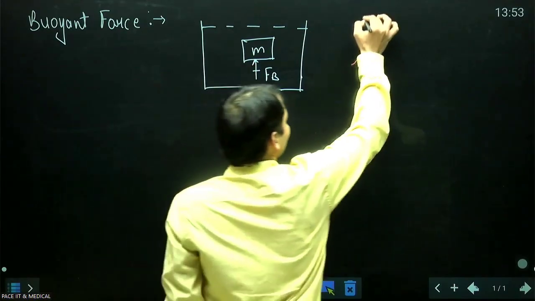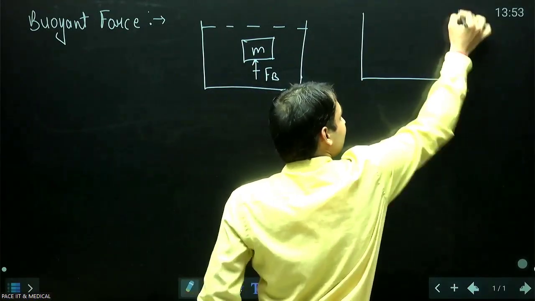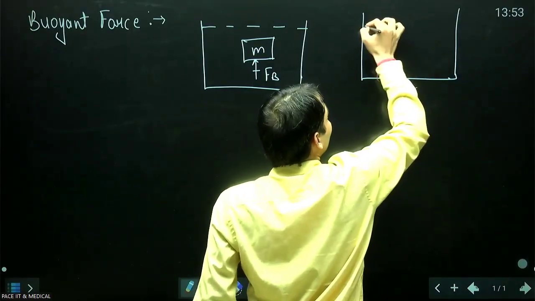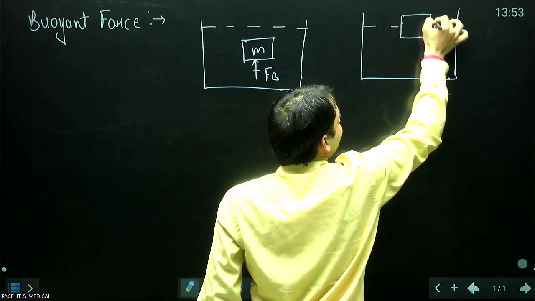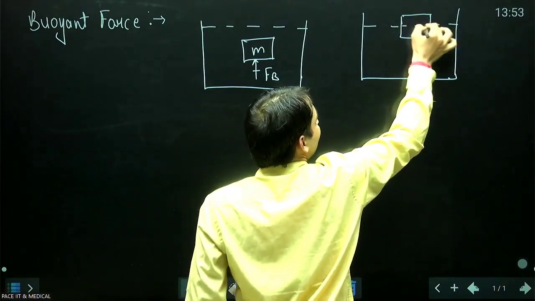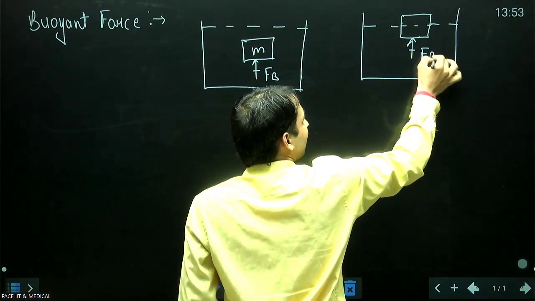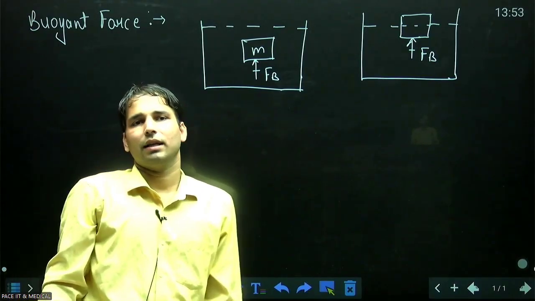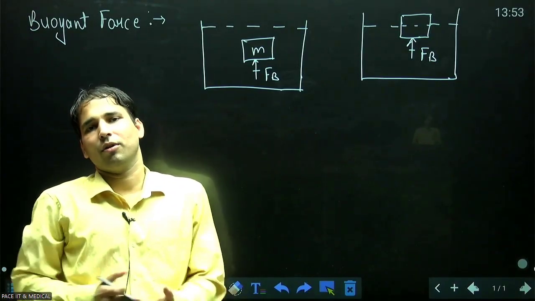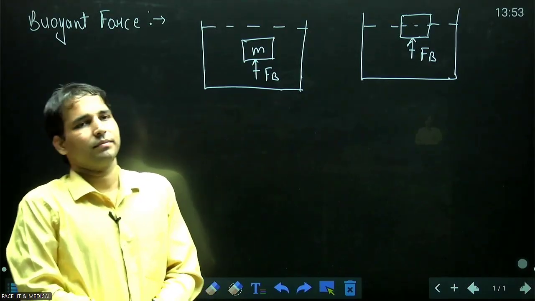We can take the case also when it is partially inside, floating on the surface with this much part immersed. Again, it will experience some net upward force, net upthrust. So buoyant force we can define as the net upthrust which acts on a body which is completely or partially immersed in a liquid.